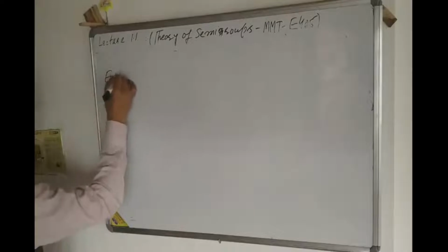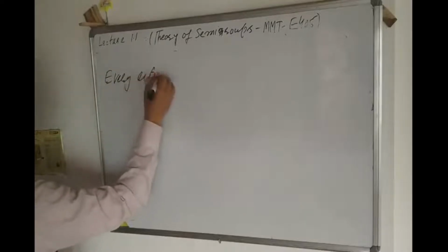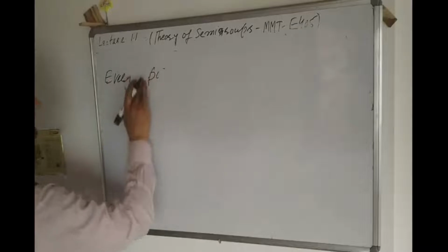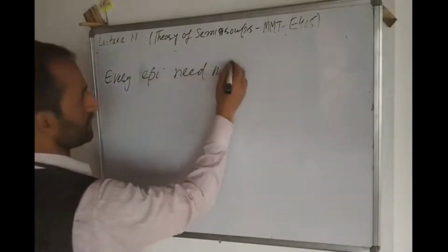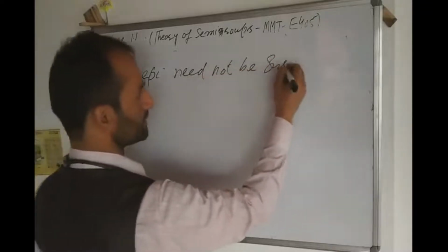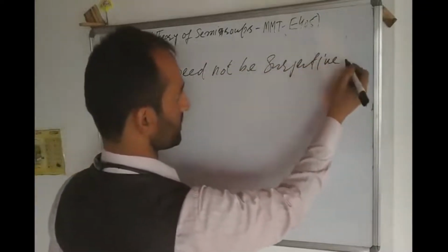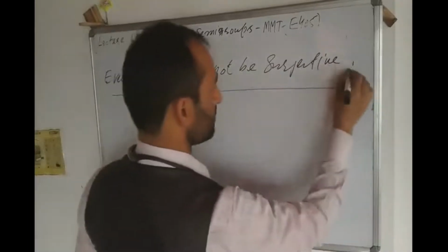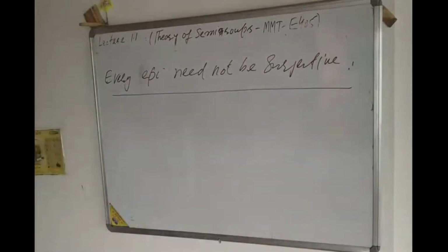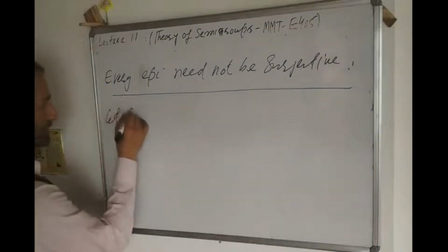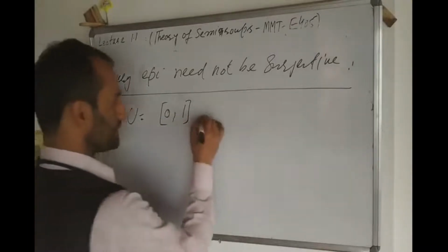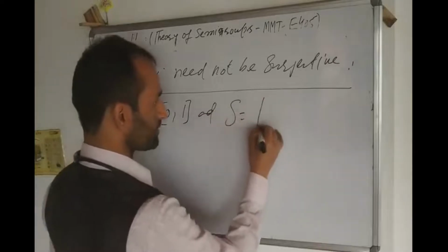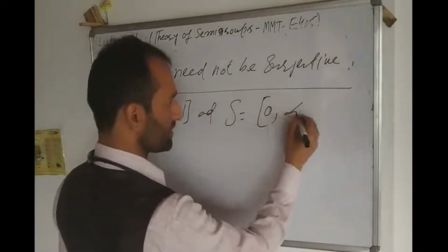Epimorphisms are not necessarily surjective in the category of semigroups. So let's take these semigroups. Let U be equal to this set, the closed interval 0 to 1, and S equal to this set, closed at 0 and open at the other end, 0 to infinity.